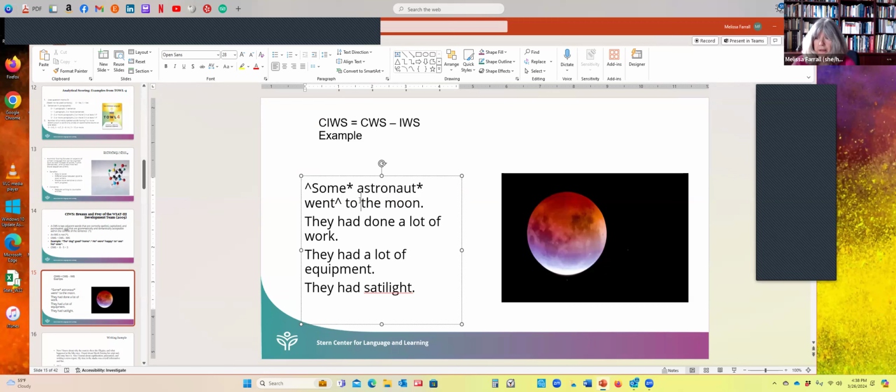"To the." Thumbs up. "The moon." Thumbs up. We've got correct punctuation at the end. So the rule tells us we have to give it a caret. Try our next sentence. "They," capital. Thumbs up. Really good. "They had." That works.